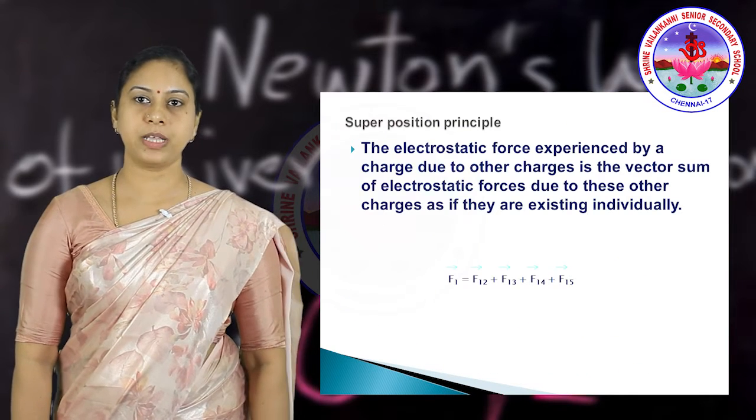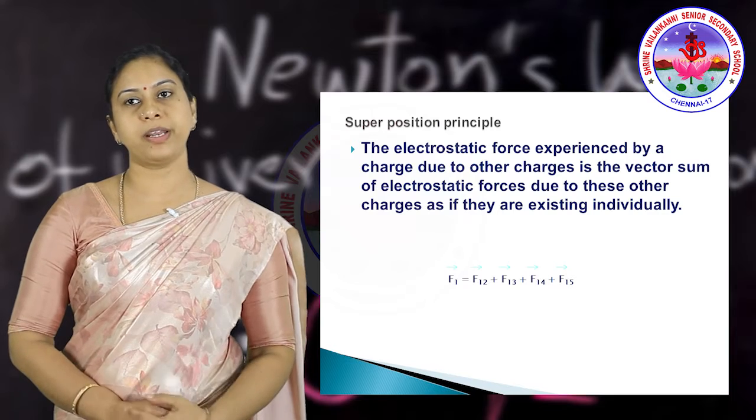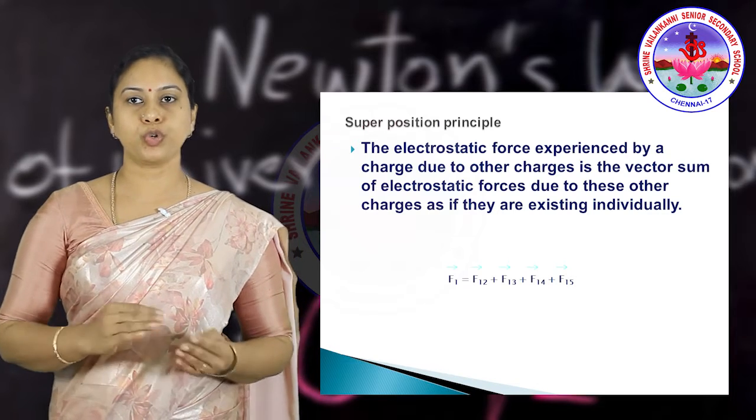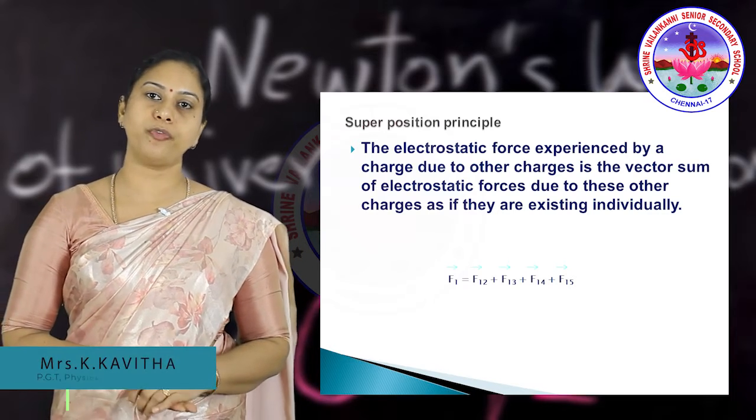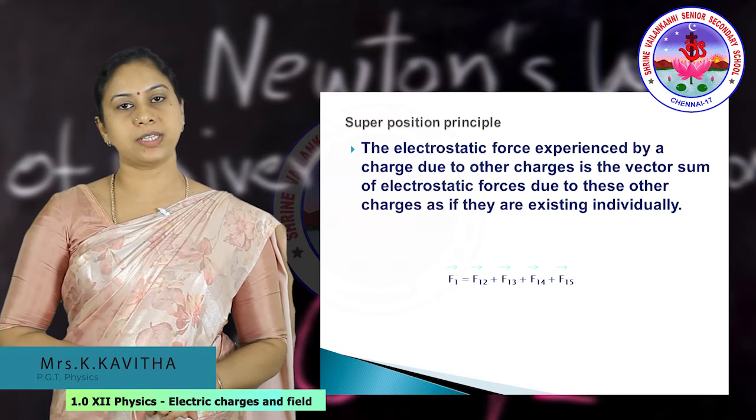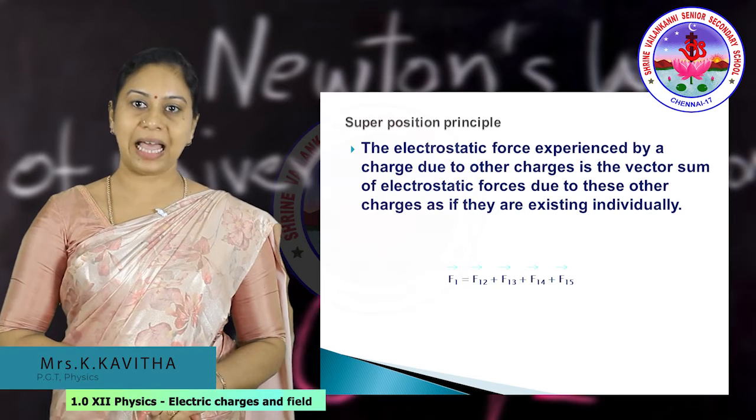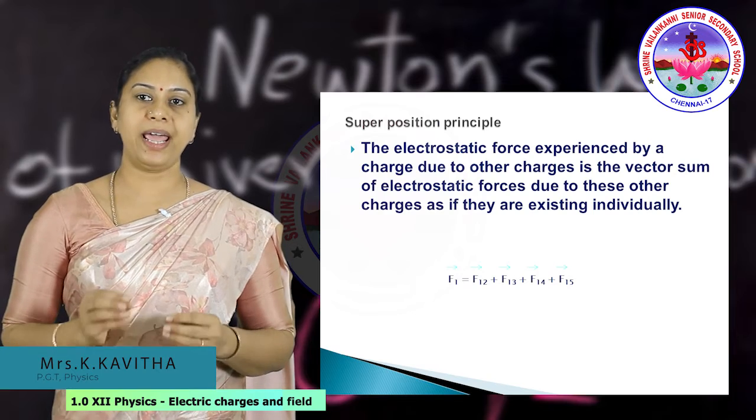Superposition principle. The electrostatic force experienced by a charge due to other charges is the vector sum of the electrostatic forces due to these other charges, as if they are existing individually.